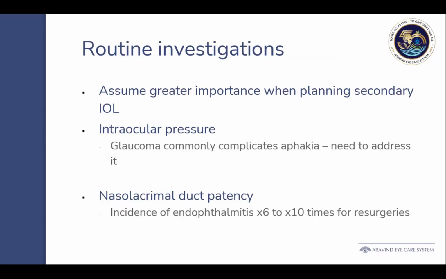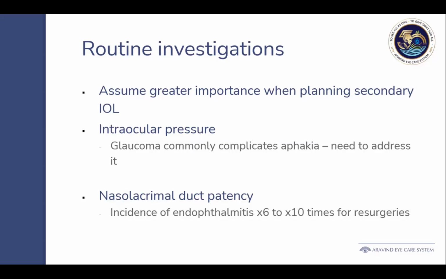Routine investigation assumes more importance when planning secondary IOL. The routine investigations, especially are intraocular pressure, and aphakia is usually complicated with glaucoma, and you have to decide what you're going to do, whether you're going to treat medically before and after, or you're going to do some additional surgery.